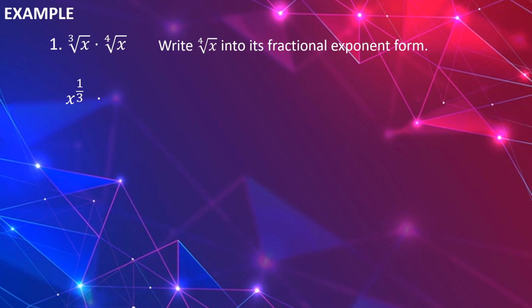So our radicand, which is x, will become our base. Its exponent, which is 1, will become the numerator of the fractional exponent, and the denominator is our index, which is 4.